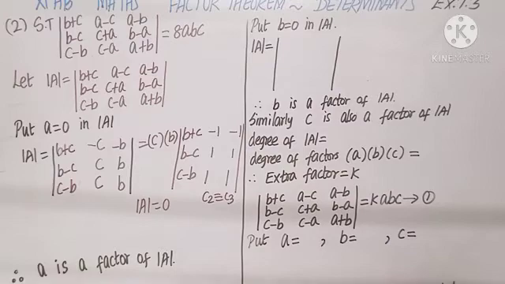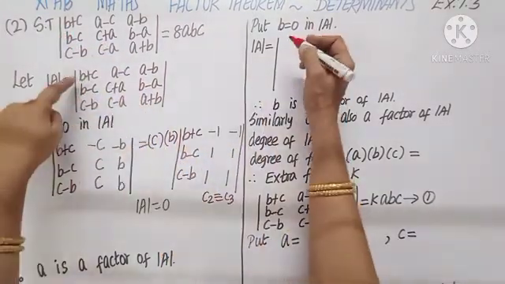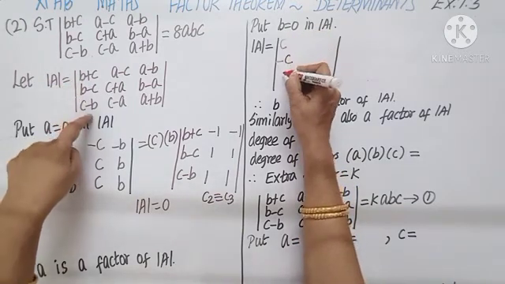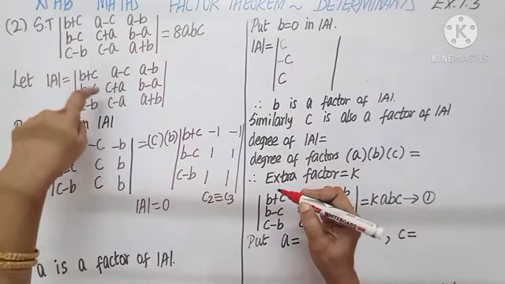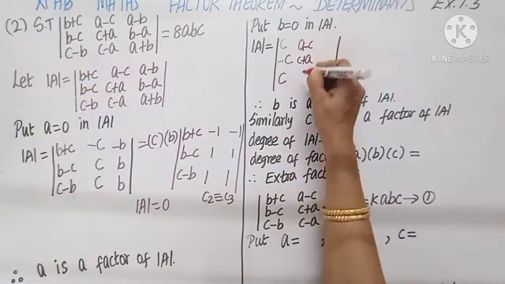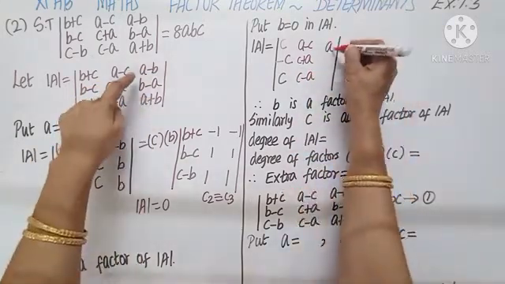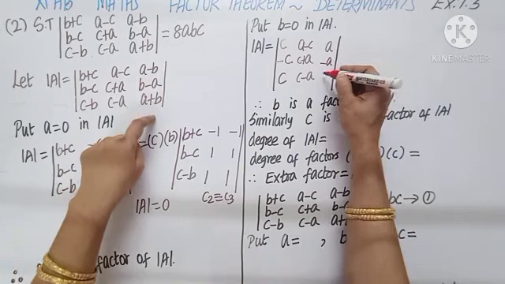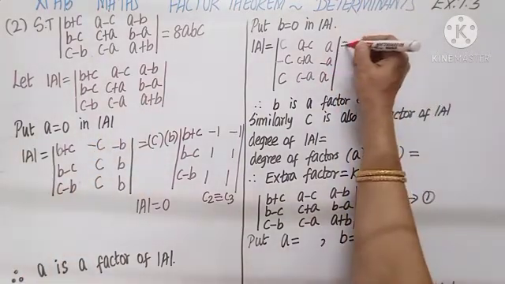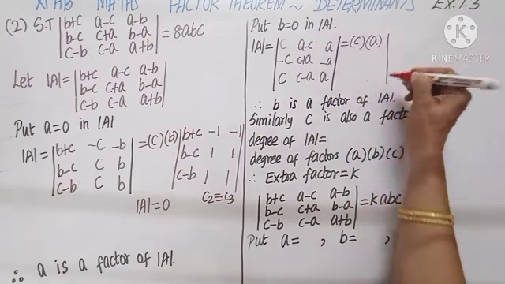Let us put wherever b comes 0 in the determinant. So, b value 0, b value 0, b value 0. In the second column, I write as it is. Third column, wherever b comes, let us put 0: a, minus a and a again. Now, as before, c is common in first column, a is common in third column.